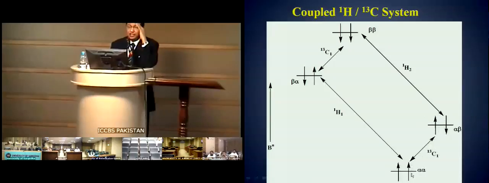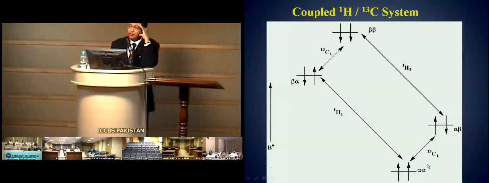Always remember that the right hand one, mine and yours also, is carbon. This is carbon, and this is proton. So carbon has a different orientation. They become alpha beta, right? No change in the orientation of proton.